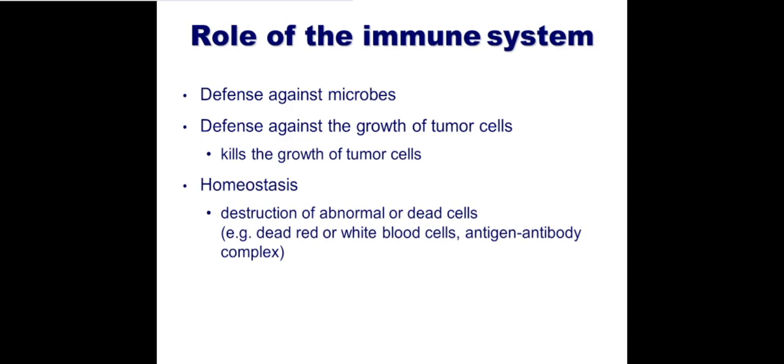These are all roles of the immune system: to react to or kill those foreign molecules and foreign pathogens, so that they can't interact with our body or harm our body.